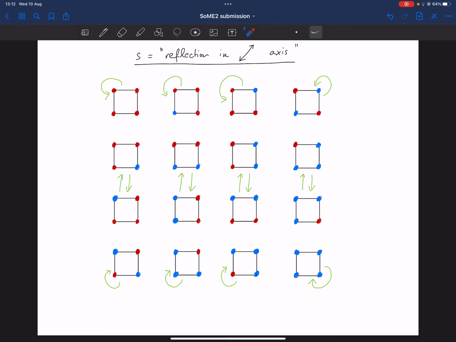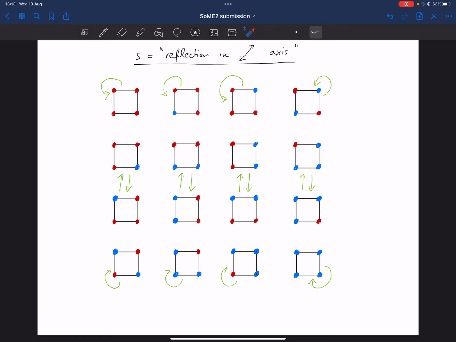In the top row, we have both of those corners that are being flipped coloured red. So actually the result is that the whole colouring is being sent back to itself. It's left alone. The same explains why that's happening in the bottom row here. Both of the corners that are being switched are coloured blue.